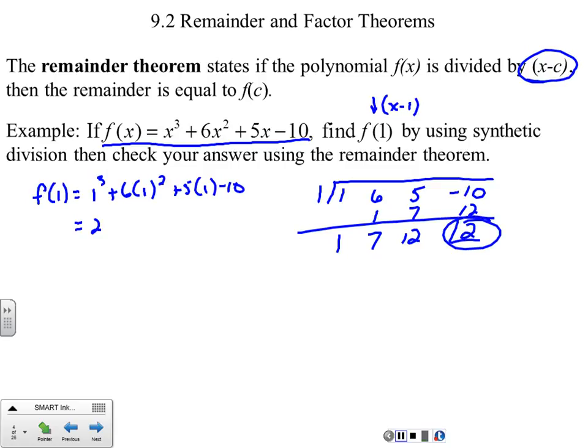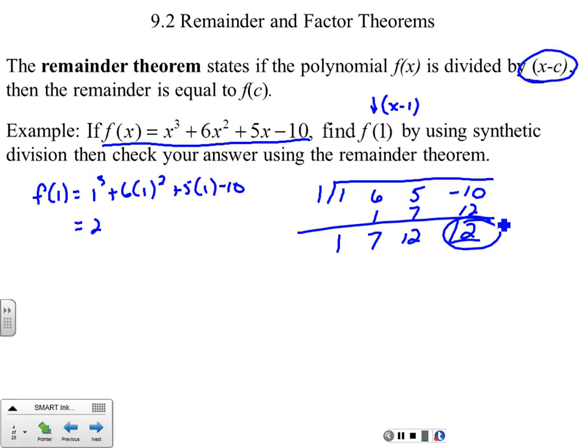So that's what the remainder theorem states. If you can do synthetic division, whatever your remainder is would be the exact same thing as if you plug, like what we did in chapter 8, the c, which is the constant of your divisor, in and find f at c. You're going to get the exact same thing, okay?